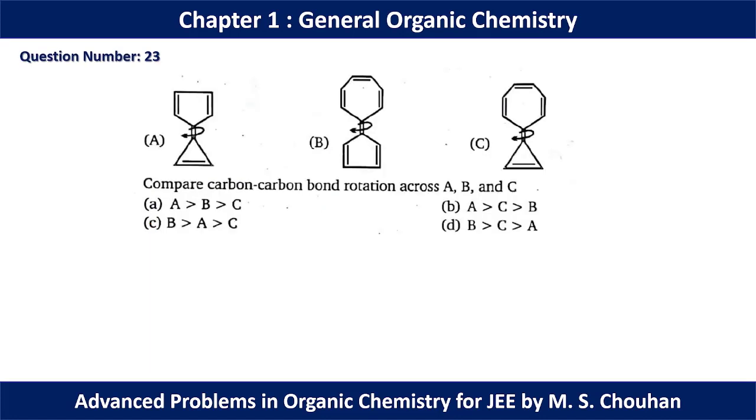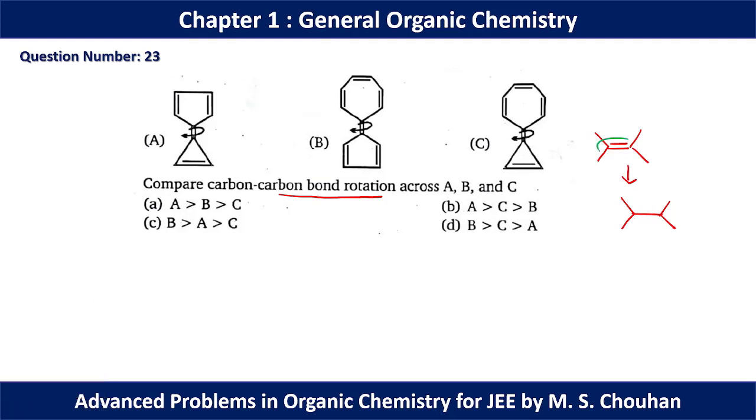For question number 23, three molecules are given, and we have to compare the carbon-carbon bond rotation across the ABC. See, if we have C double bond C, carbon-carbon bond rotation is easier if we have a C single bond C. Okay, so bond rotation over a single bond is much easier than double bond.